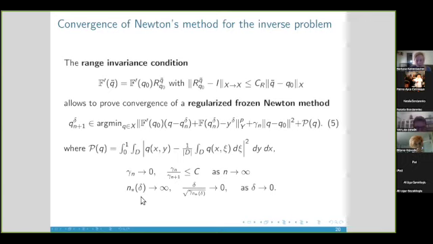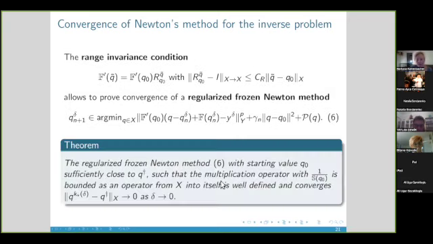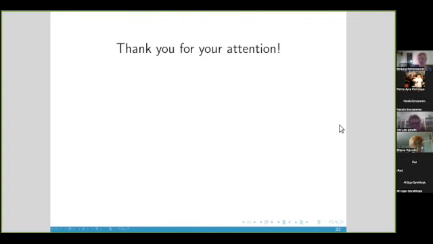So as delta, as the noise level tends to 0, the iteration index should get larger. But on the other hand, this quotient should also always stay bounded and even tend to 0 as delta tends to 0. And under these conditions, one can get convergence of this Newton type method as it's written up here. And with this, I would like to thank you very much for your attention.